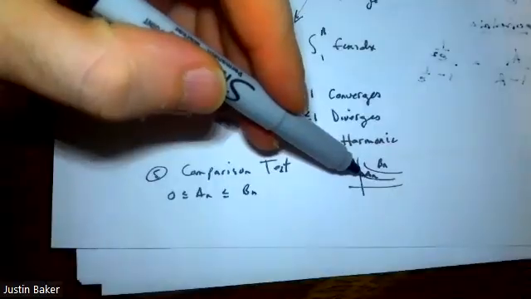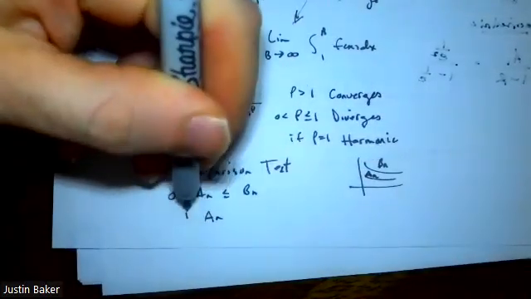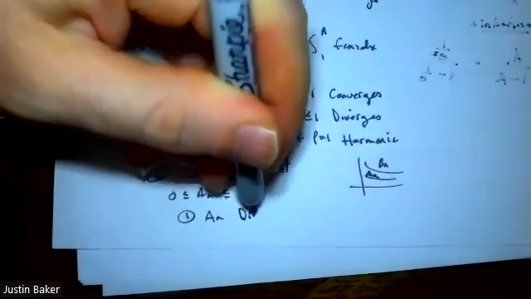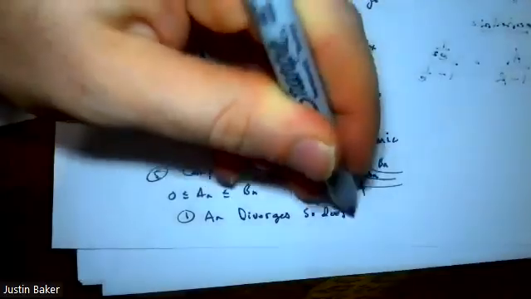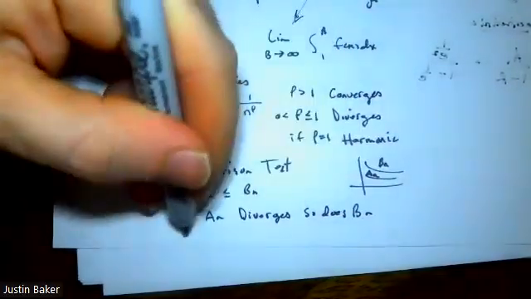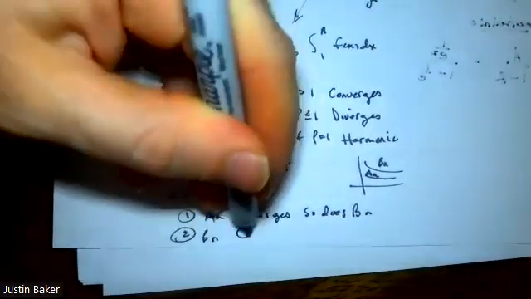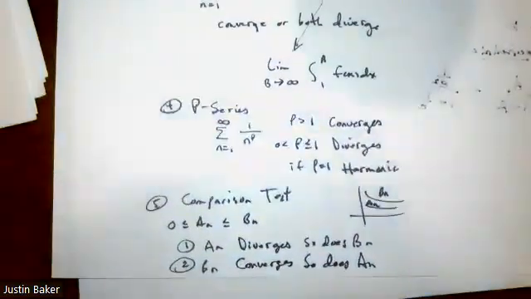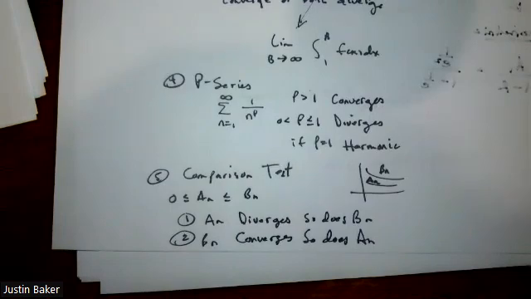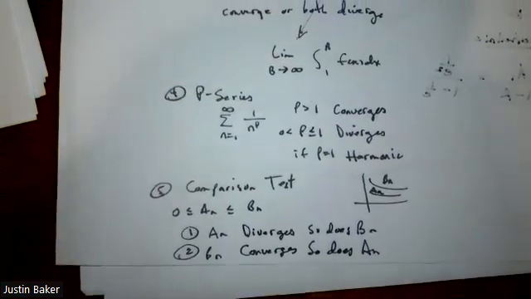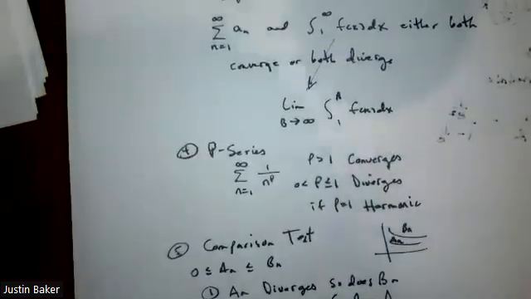If A of n diverges, so does Bn. And if B of n converges, so does An. Okay, and that concludes the comparison test.